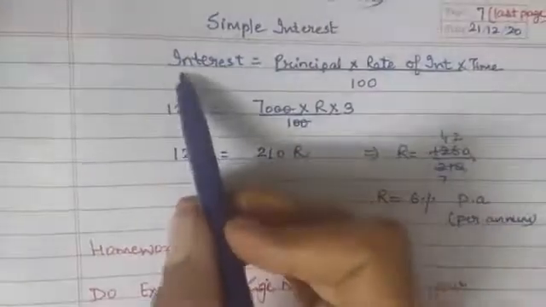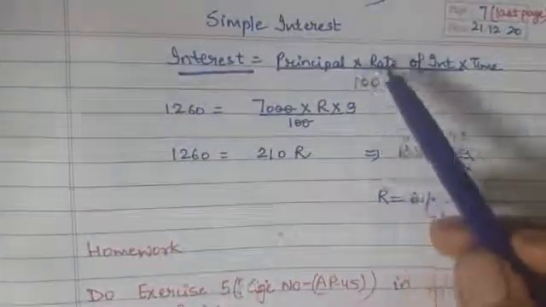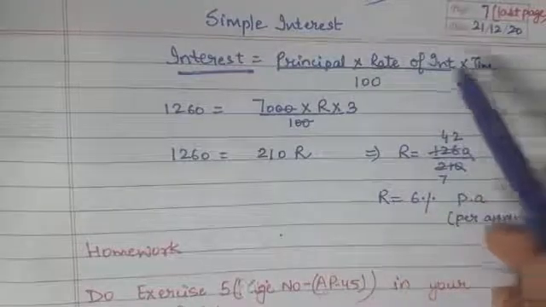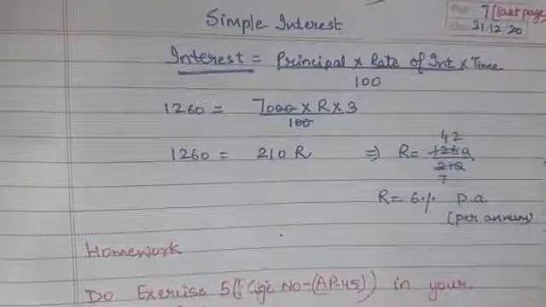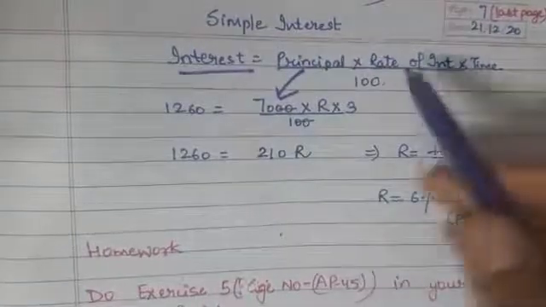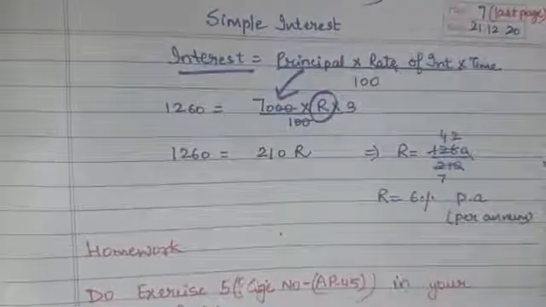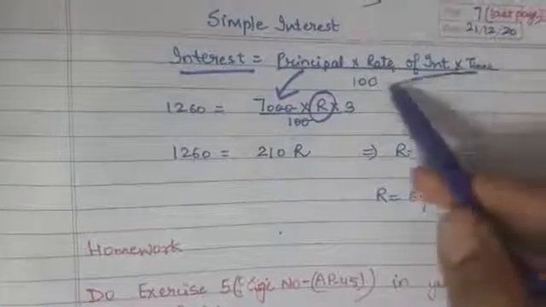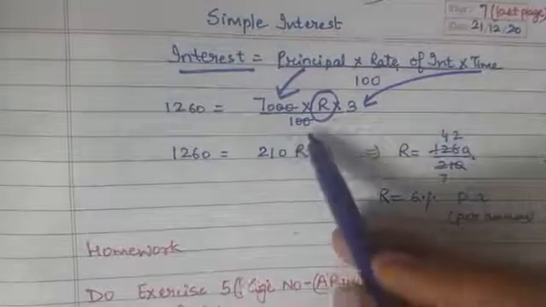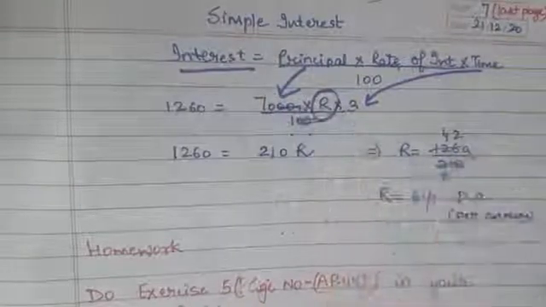Now we have to find out the rate of interest. So the formula for interest is principal into rate of interest into time upon 100. Now the principal is 7,000. Rate of interest we don't know, we have to find it. And the time is given to you, 3 years upon 100. Now the 2 zeros will cancel with 2 zeros.